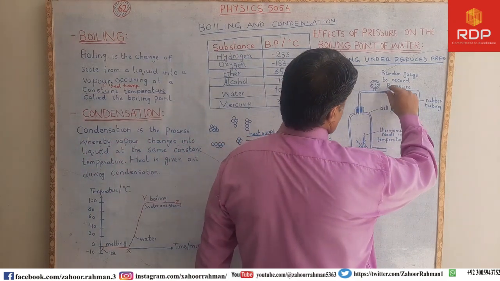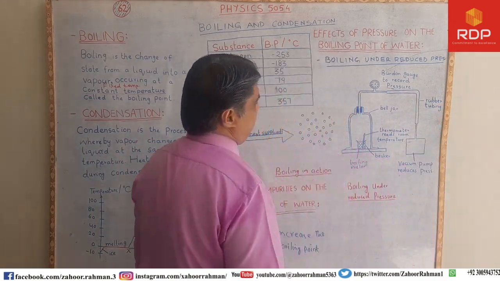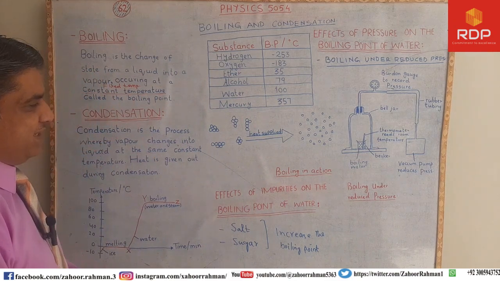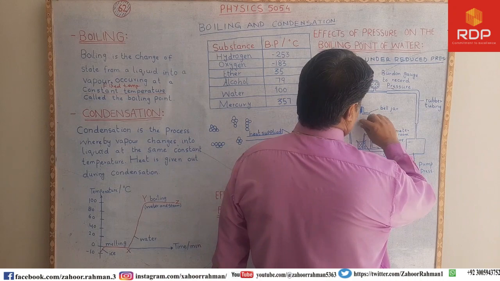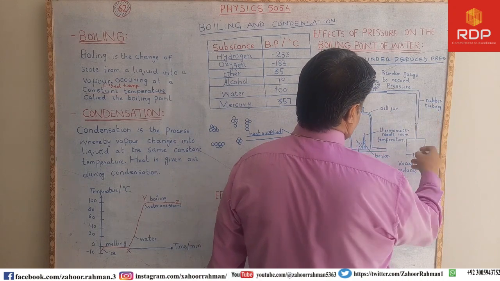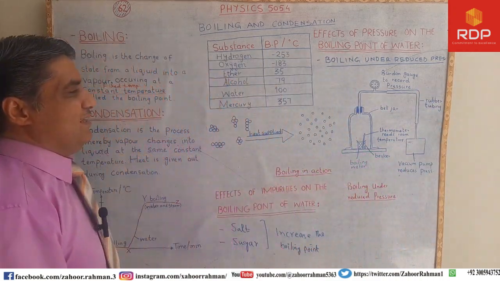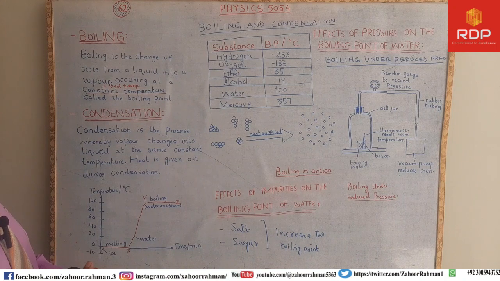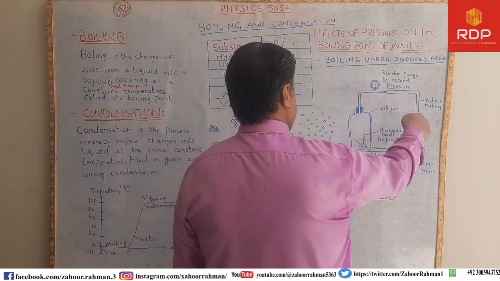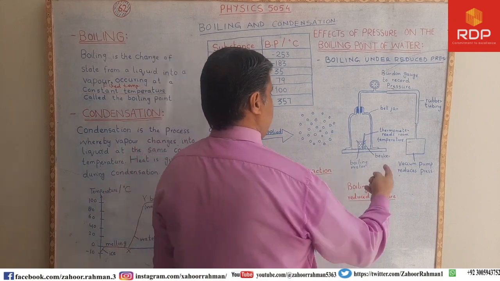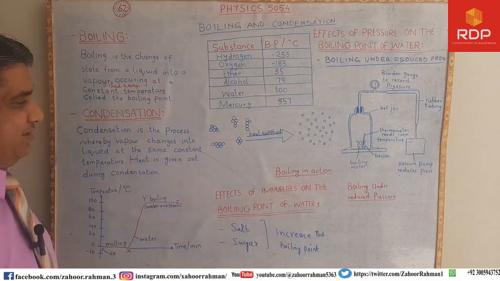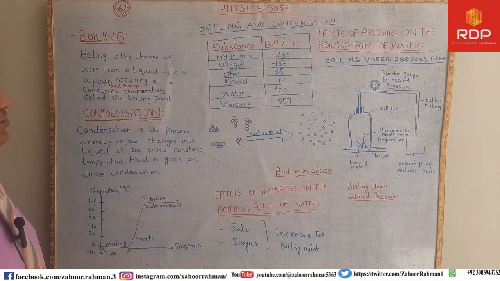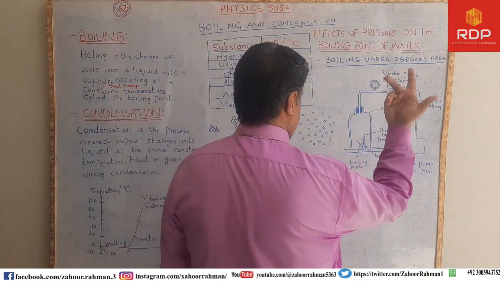When you are reducing this pressure, what happens? The pressure is reduced because air is being dragged out from this bell jar through these pipe systems, and the vacuum pump reduces the pressure inside, and at the reduced pressure the water is boiling.